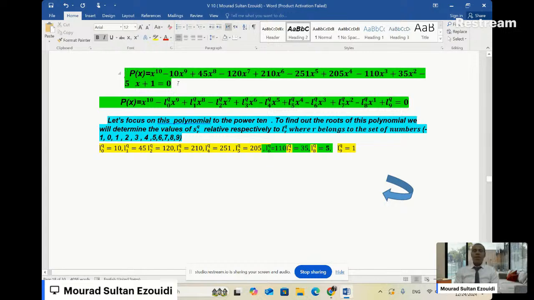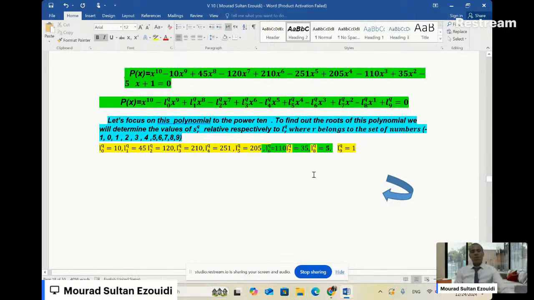Here, my kids, you are going to use the coefficients of this 10th degree polynomial equation, which are written respectively as 10, 45, 120, 210, 251, 205, 110, 35, 5, and 1. The last coefficient is 1, and the first coefficient is 1.